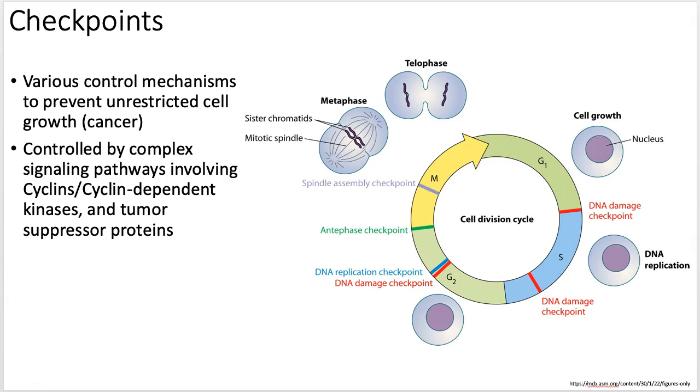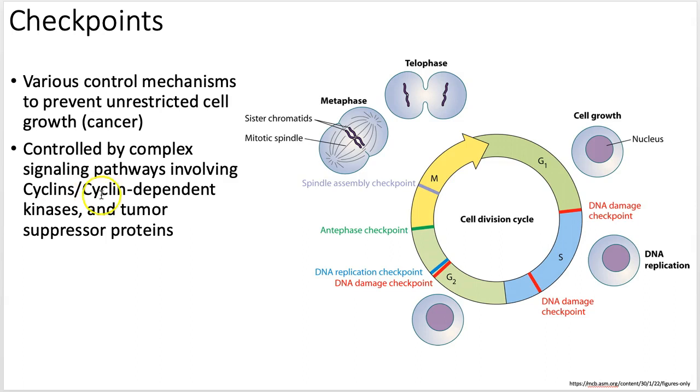But we need to talk about the checkpoints, and there's kind of two ways to look at checkpoints. We need everything to allow us to pass into the checkpoint. So we need to build up the proteins that will say, hey, we're ready to go, let's do it. But then you also have another set of proteins that are going to say, hey, hang on, man. And there's kind of a push and pull between those two things, okay?